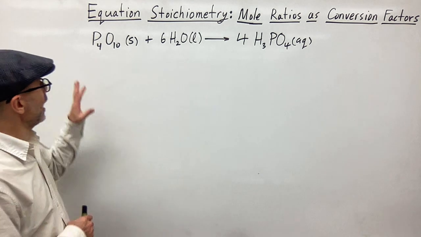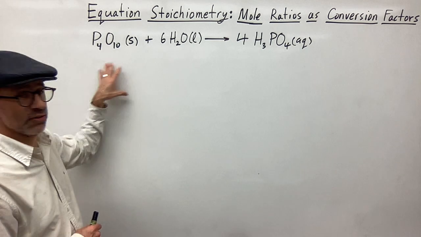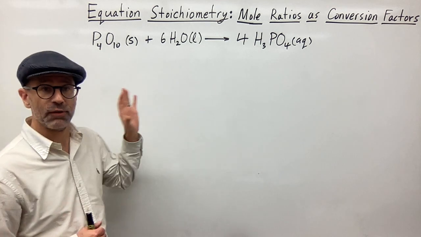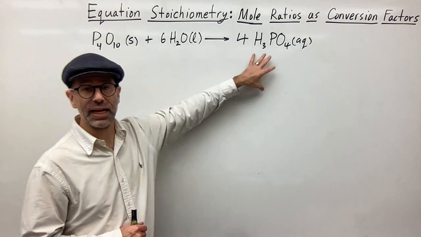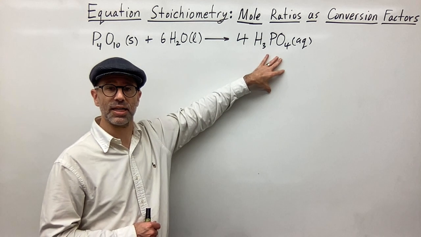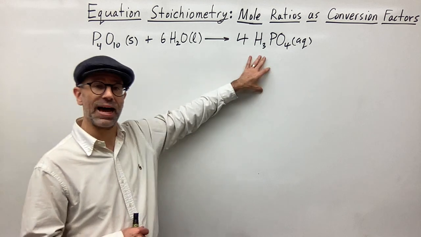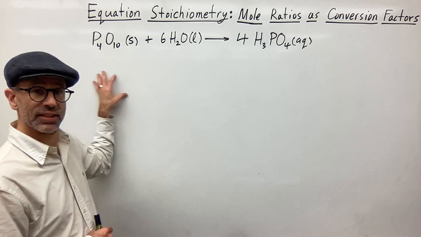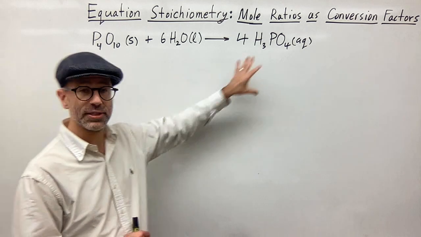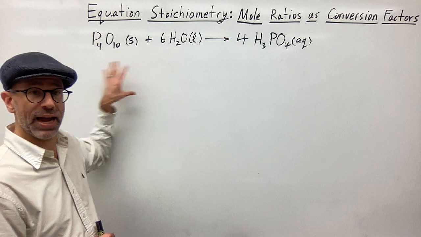So when I have a balanced equation like this, these two substances react to form this substance. If I'm given a certain amount of this substance, I might want to know how much water I need to make that amount, or how much of this substance, tetraphosphorus decoxide, I would need to produce that amount, or maybe how much of this I need to react with this.